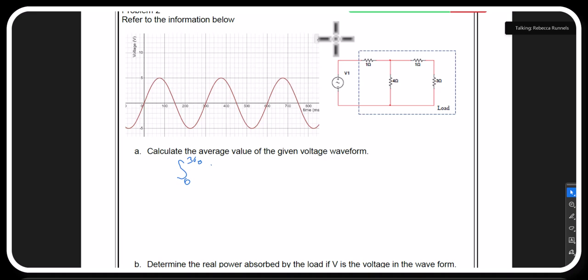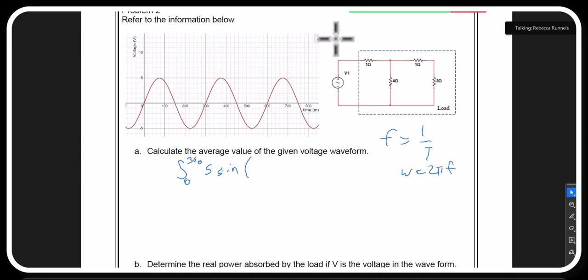It has amplitude 5, so it's 5 sine. You have to know the angular frequency. Frequency is 1 over the period, and angular frequency is 2 pi times the frequency.